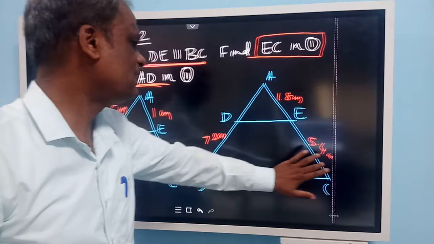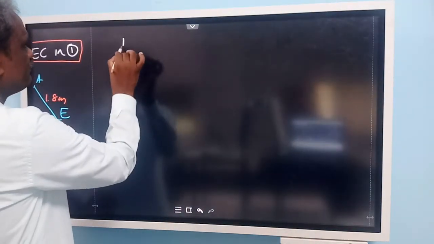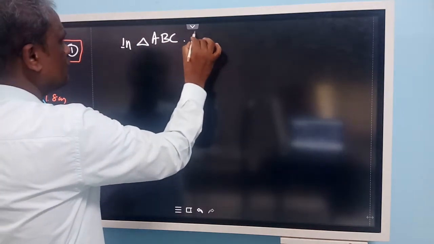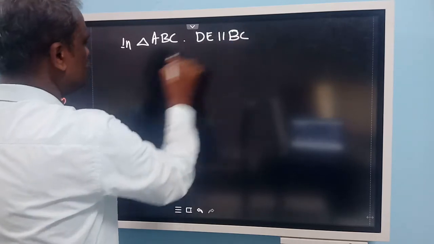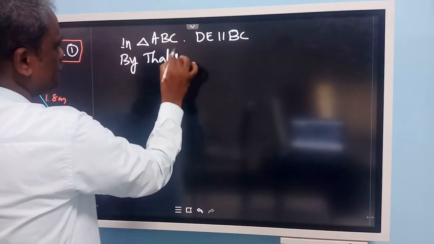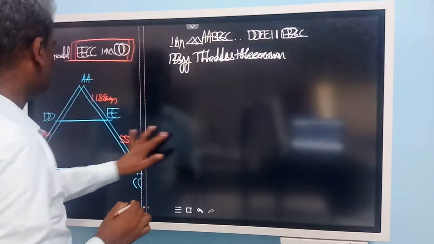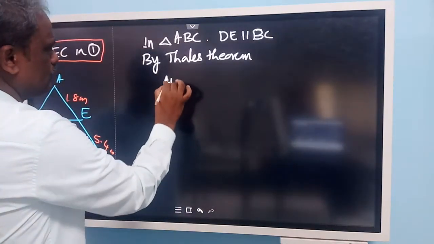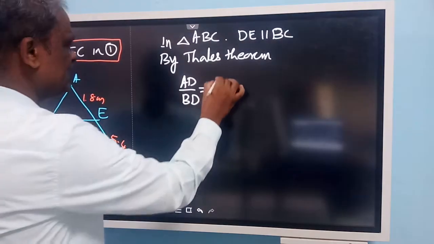So let us write in triangle ABC, we have DE parallel to BC. By Thales theorem, you can write AD by BD is equal to AE by CE.